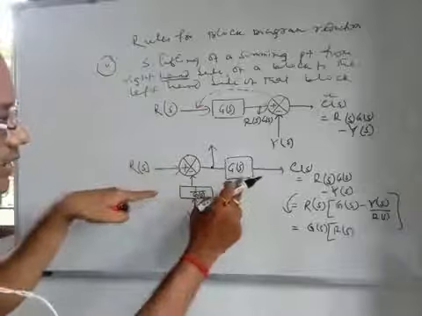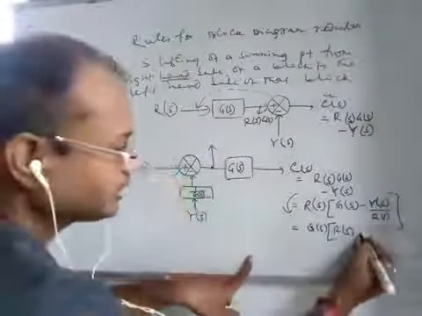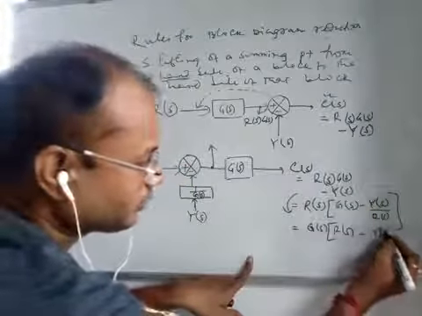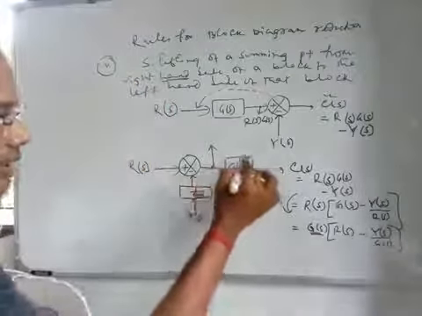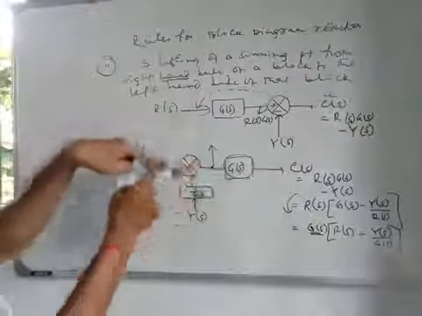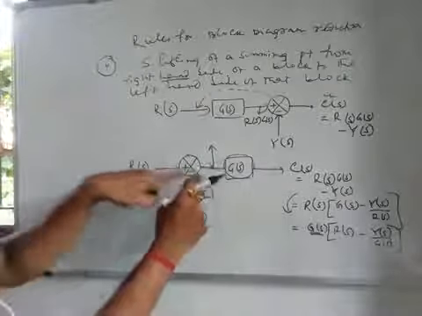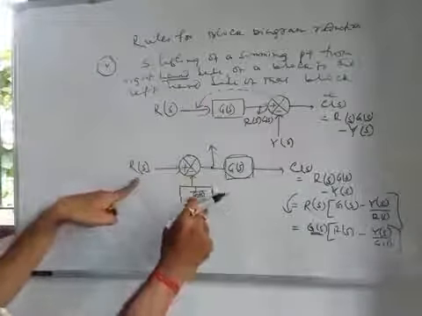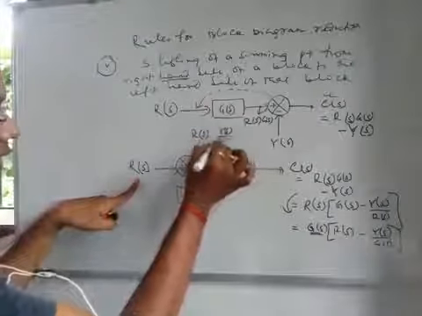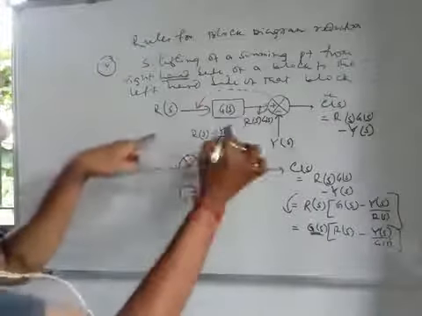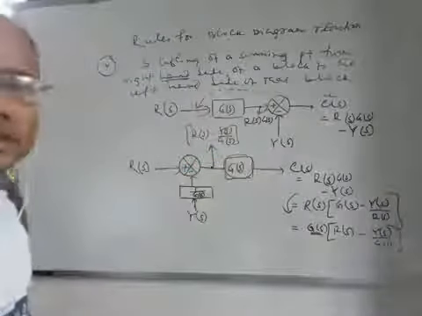So GS comes after this block, and you get RS minus YS by GS. So RS minus YS by GS will be coming here, and if you multiply this whole term by G, you will get RS GS minus YS. So that is the term, right?